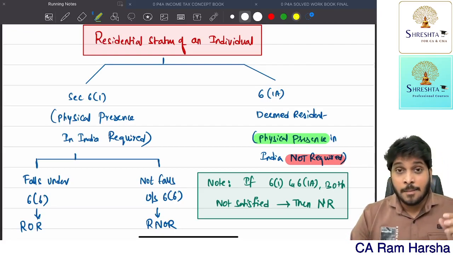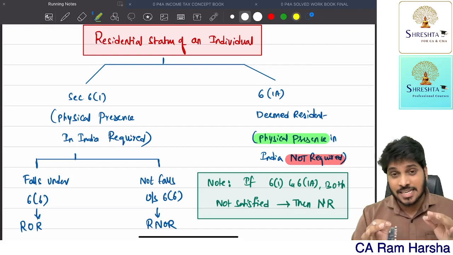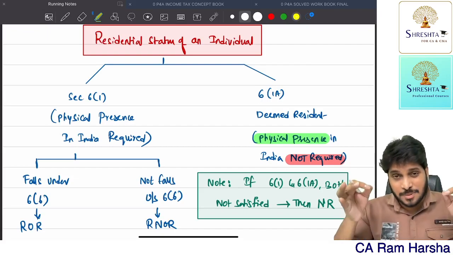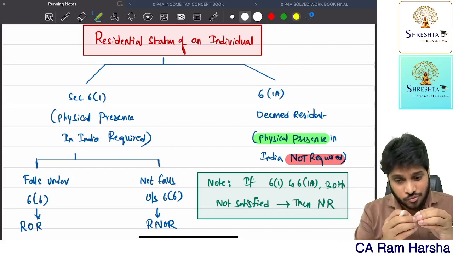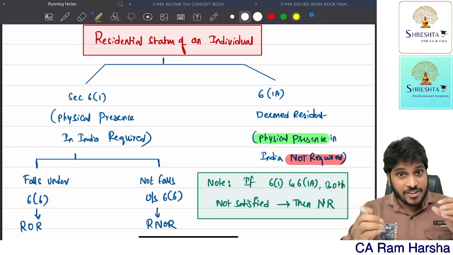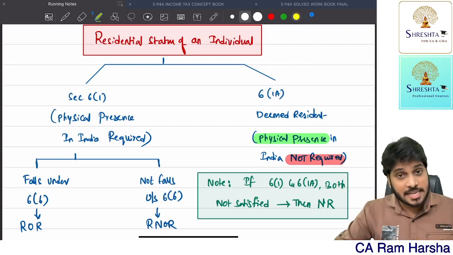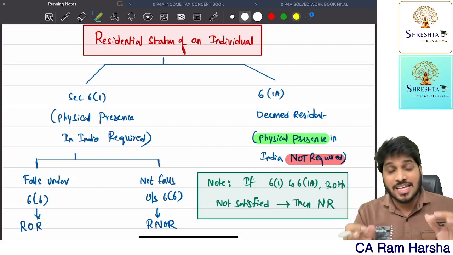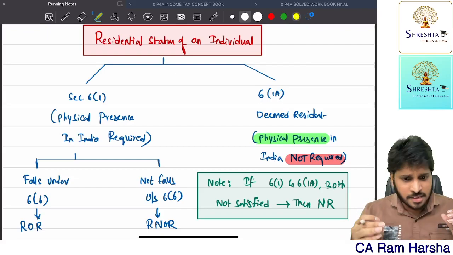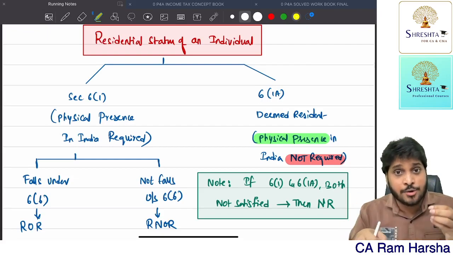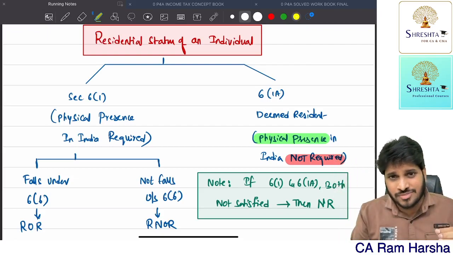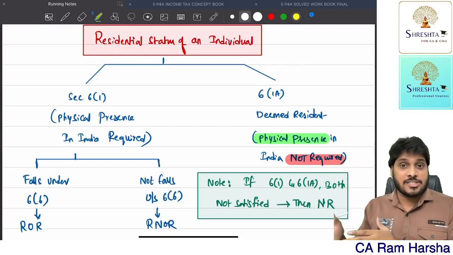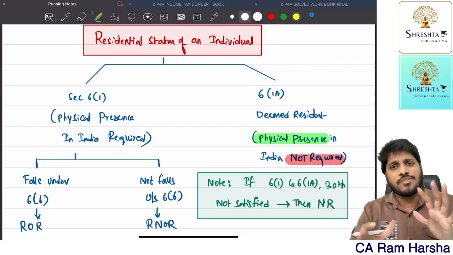I told you, based on number of days that they stay. If a person is staying in a particular country for so and so number of days, if it exceeds so and so number of days as per the law of that country, then he is treated as a resident. If at all the period of stay is less than so and so number of days, then he is not treated as a resident. So this is what we thought.